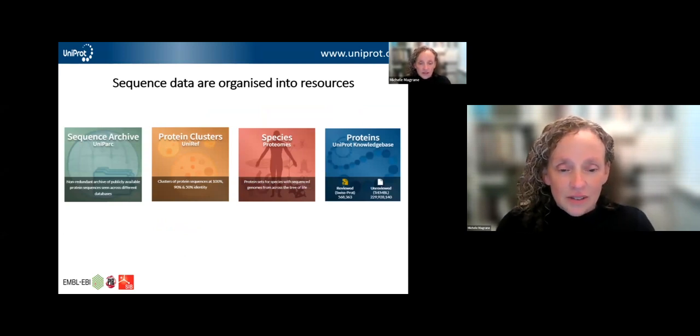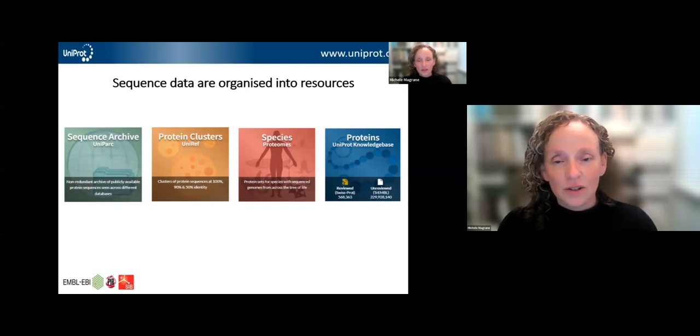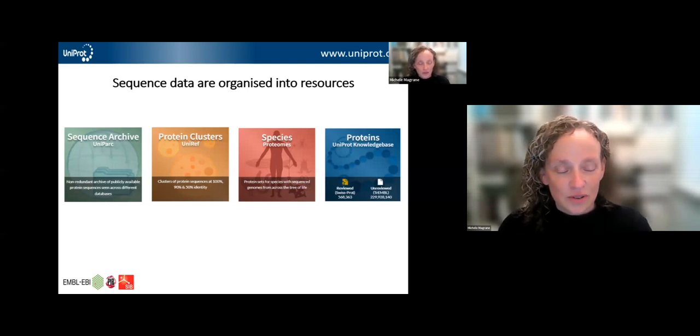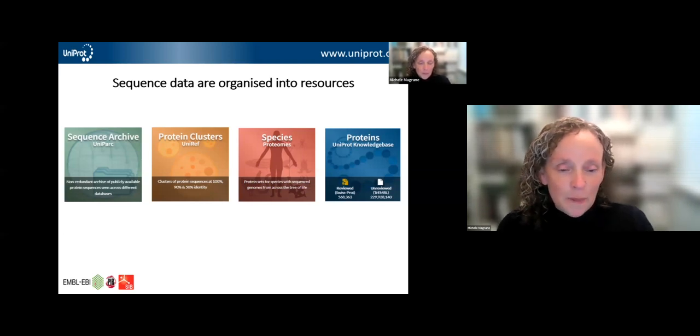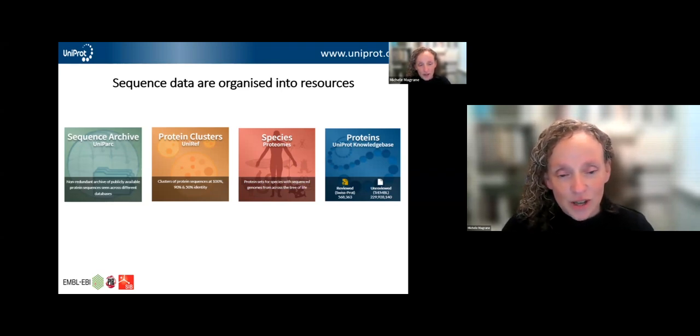So UniProt is a resource of protein sequence and function, and the sequence data are organized into a number of different resources. The UniProt Archive, or UniParc, is a non-redundant archive of publicly available protein sequences collected from across different databases. The UniProt Consortium also produces the UniRef, which are UniProt Reference Clusters.